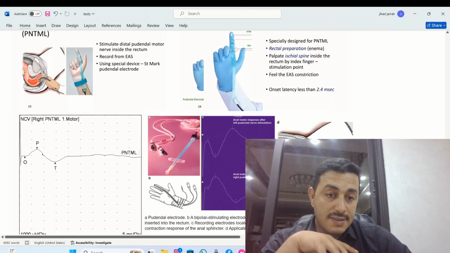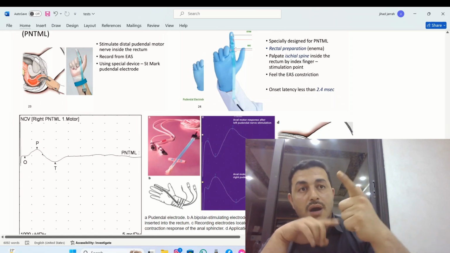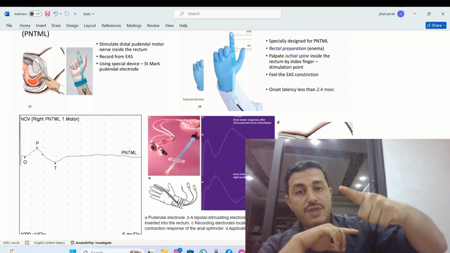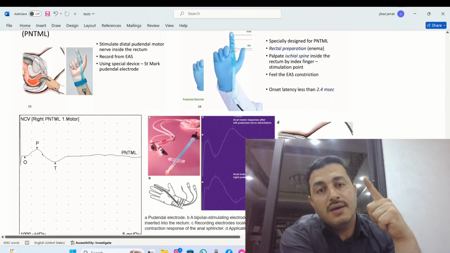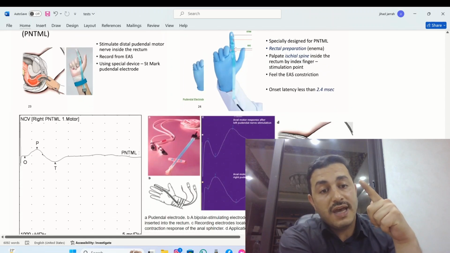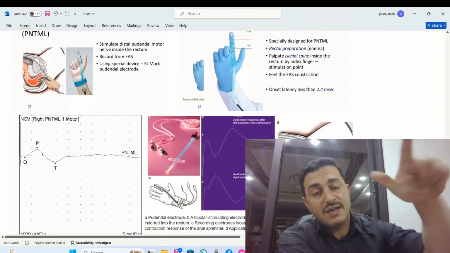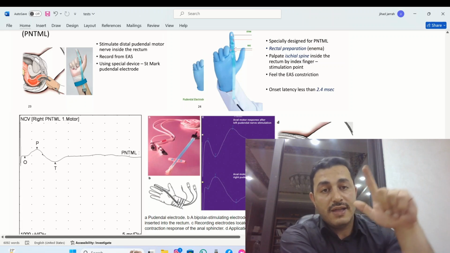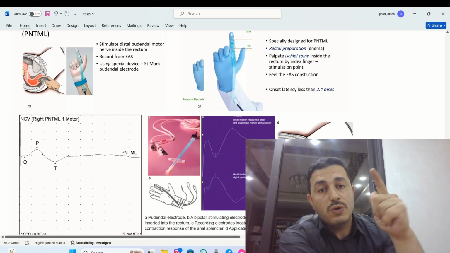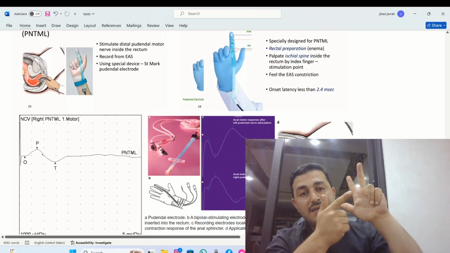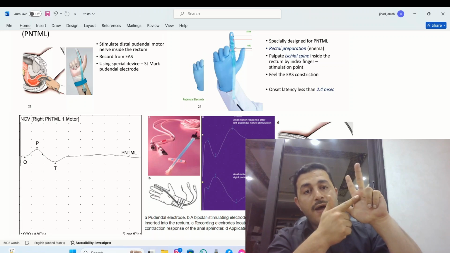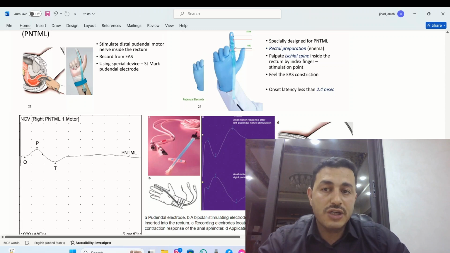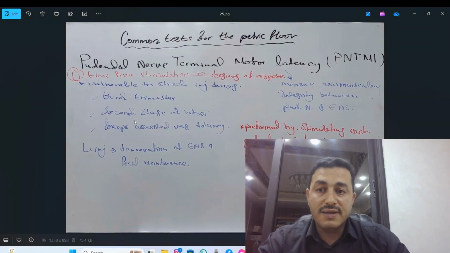We stimulate by PR, with the stimulator part of the St Mark's electrode, at the ischial spine bilaterally, at the site of the pudendal nerve, and this will cause a contraction that will be detected at the proximal part of the electrode by the contraction of the external anal sphincter.